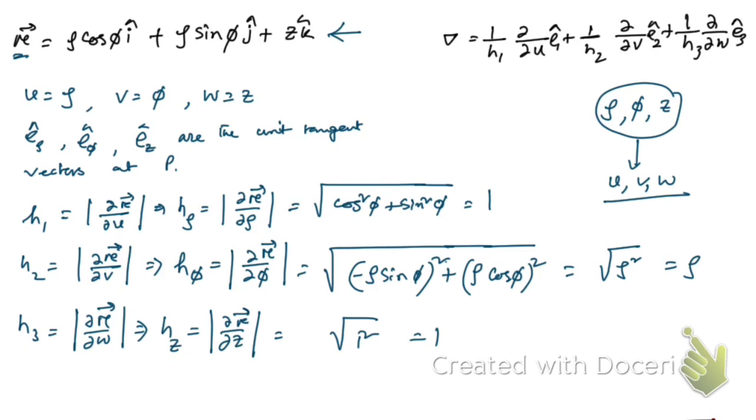Now in curvilinear coordinates, for the expression of the gradient, the del operator, if we consider any scalar function, this time we will consider f instead of phi, because we have already taken phi as a coordinate.